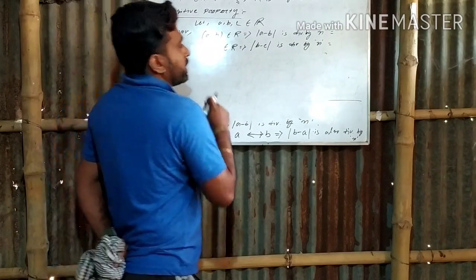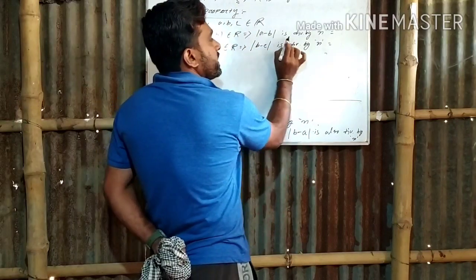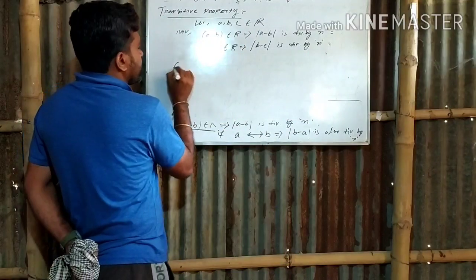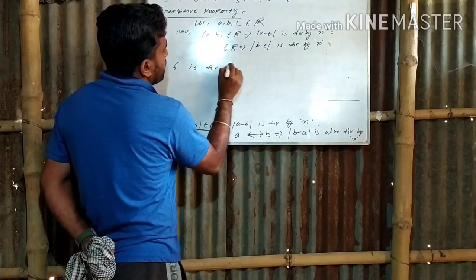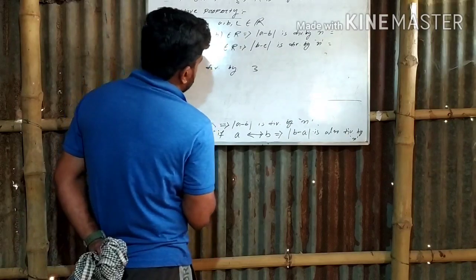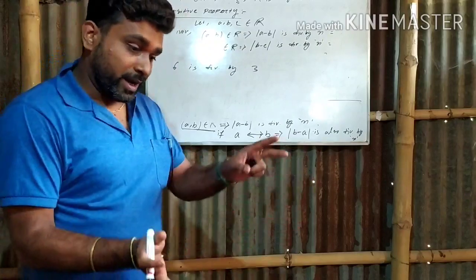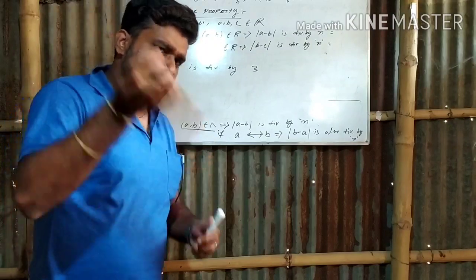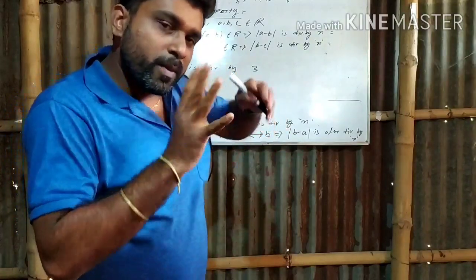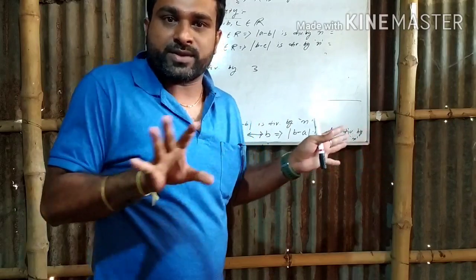Here for the algorithm, the first step is mod of A minus B is divisible by n. Just see, 6 is divisible by 3, as you all know. If you consider this line in another way, if you multiply something with 3, you will get 6.